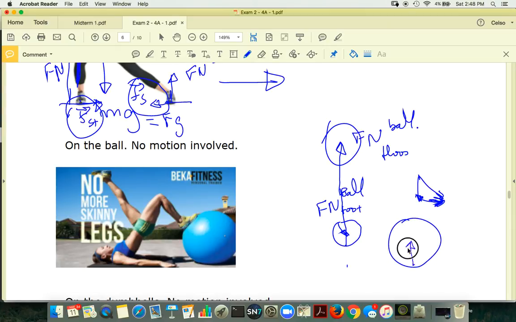This is the normal force. So the force her foot exerts on here, if you don't want to have motion involved, has to be in such a way that you call this force of foot on the ball. And this can be broken down in two components.